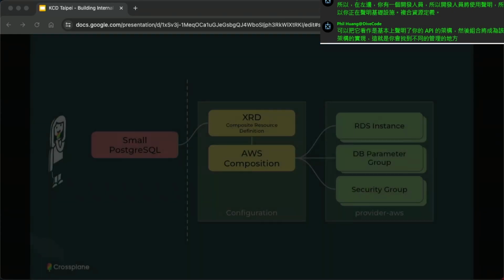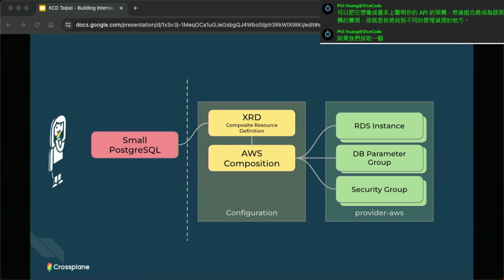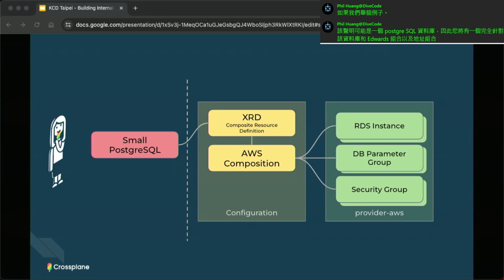If we take an example, the claim could be a PostgreSQL database. And so you will have an XRD for that, and an AWS composition, and the AWS composition will have an RDS instance, a DB parameter group, and a security group, so that everything is configured and ready to use for the developer.